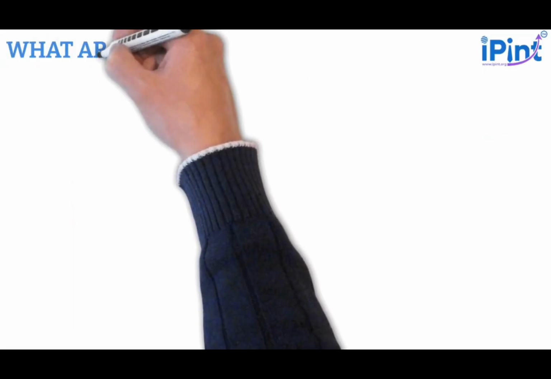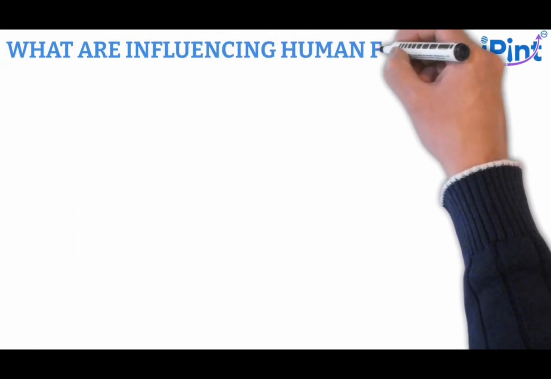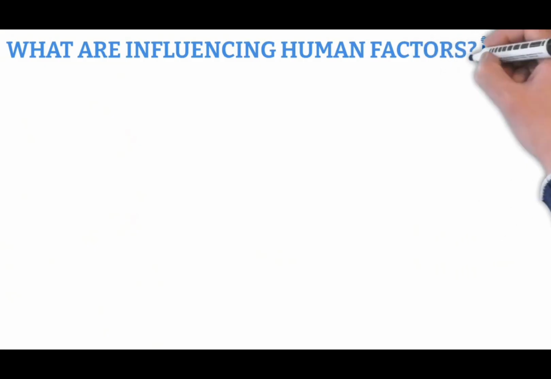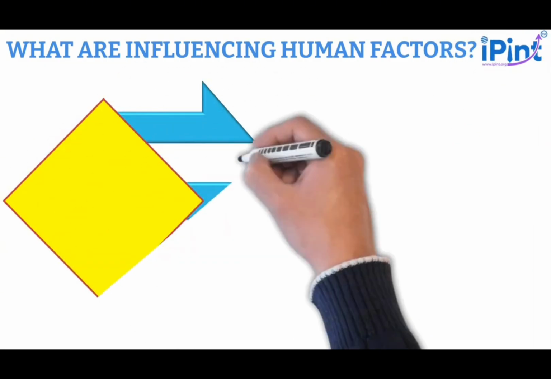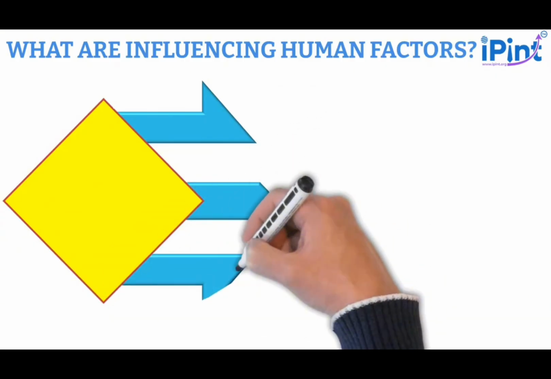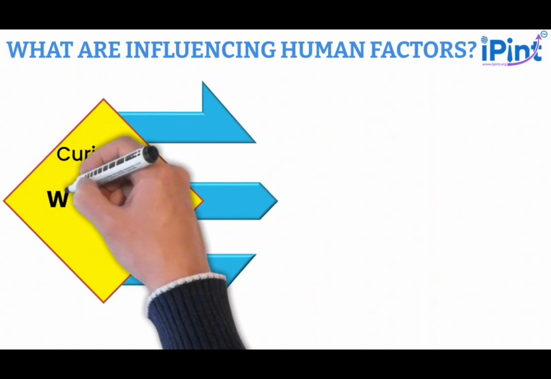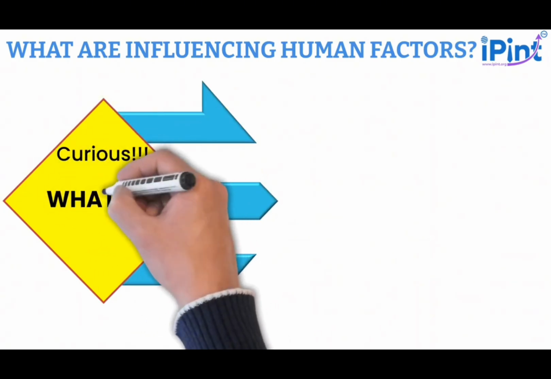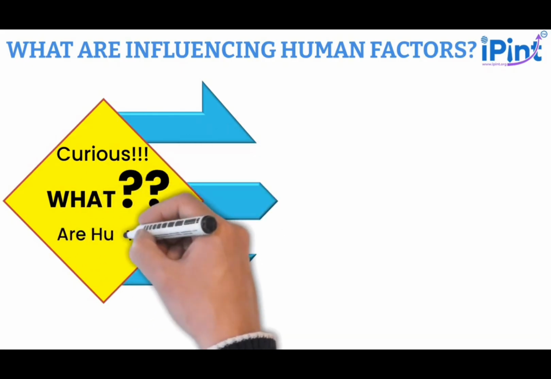So, what exactly are influencing human factors? The European Aviation Safety Agency, EASA, defines human factors as the study of human capabilities and limitations in the workplace that covers human psychology, physiology, workplace design, and the environment.